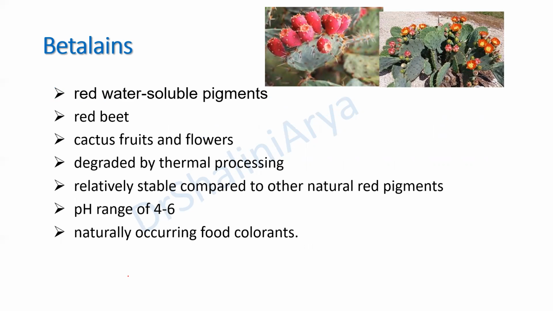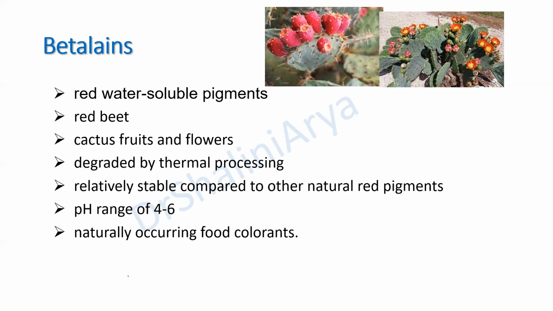Like anthocyanin, betalains are also red colored water soluble pigments, but they are chemically different and less widely dispersed in the plant world. The primary food plant in which they occur is the red beet, as the name itself says.